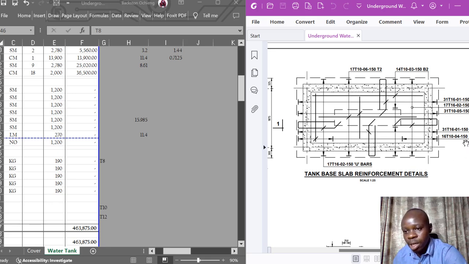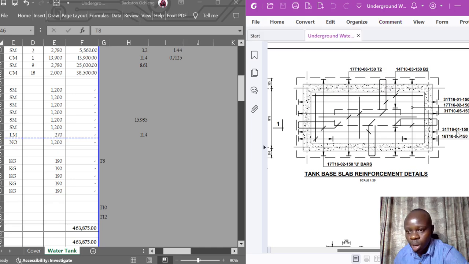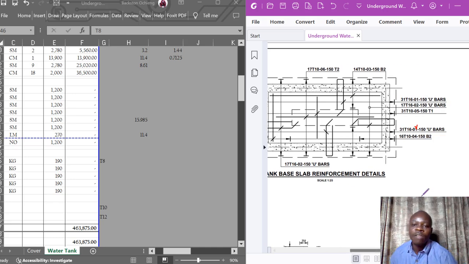So we'll check item 1. There is one here. This is 1, this is 2, then there is also another one here. This is 3, this is 6. All those that are numbered the same have the same specifications.